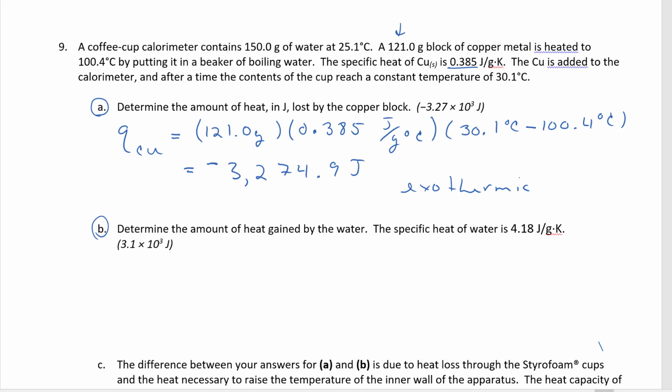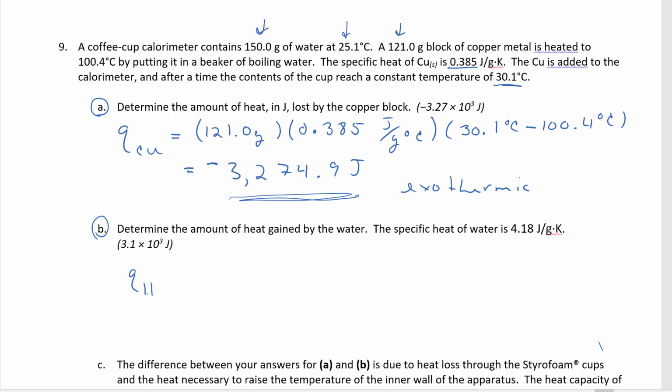They're telling you that the water is going to reach a temperature of 30.1 degrees Celsius, and we've got 150 grams of water. They also told you that the original temperature is 25.1. For right now, we're going to ignore the heat that was given off by the copper, because this problem is just saying how much heat was gained by the water. And we're going to see in question C that they're not exactly the same.